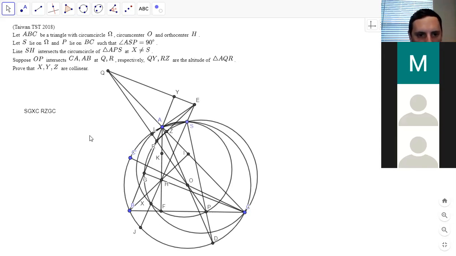So we want to show angle LAR is equal to angle RZX.